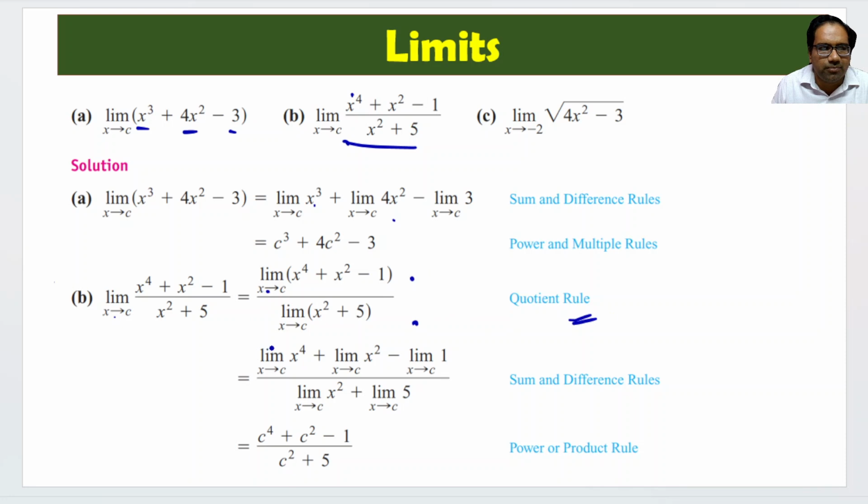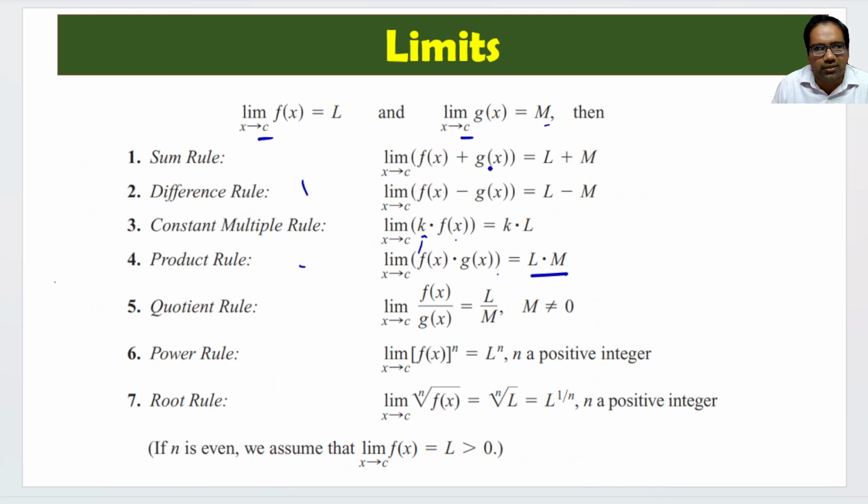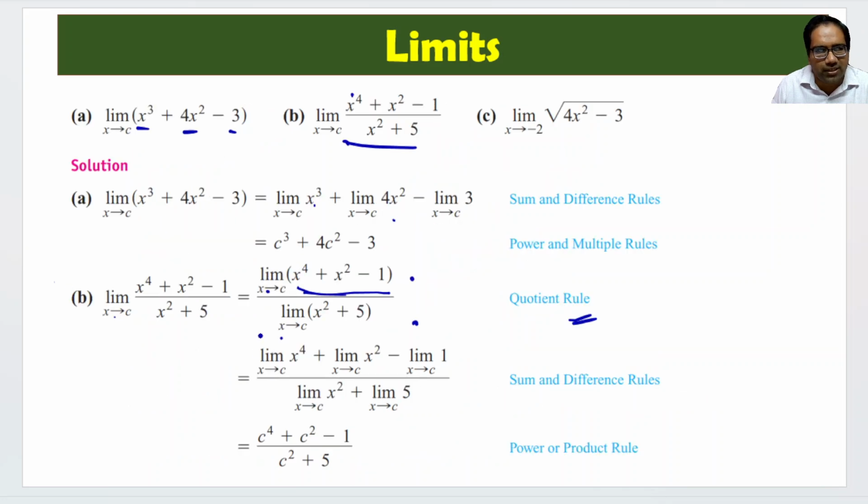So we can take the limit in the numerator also, denominator also. This again we are using the sum rule. Sum rule is this one. Limit of sum of functions is sum of limits of functions, right? So here also we can use the rule. So that's why limit goes inside. So this becomes c power 4 plus c squared minus c by c squared plus 5.